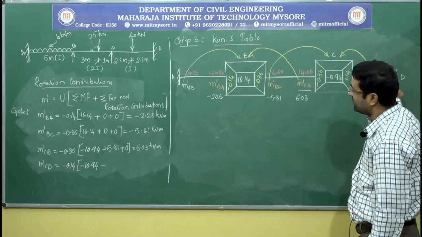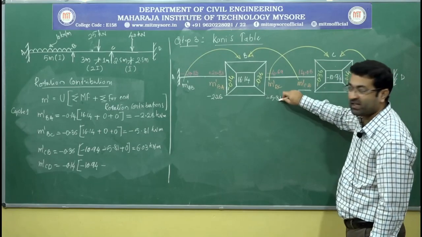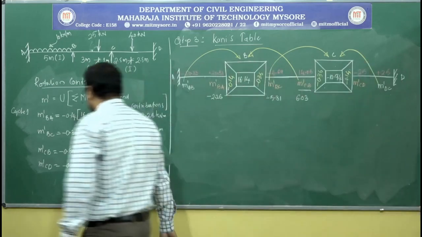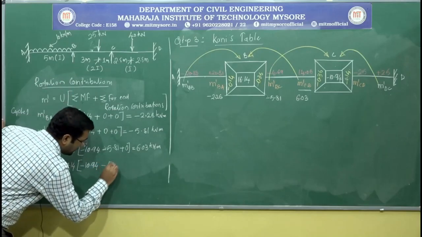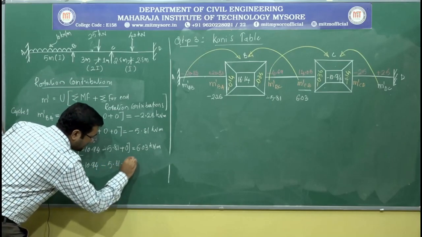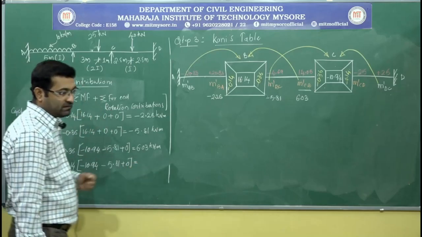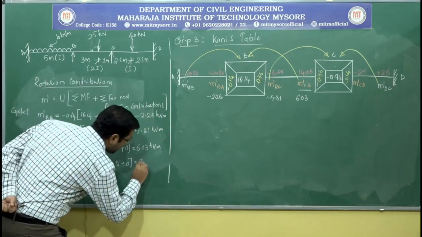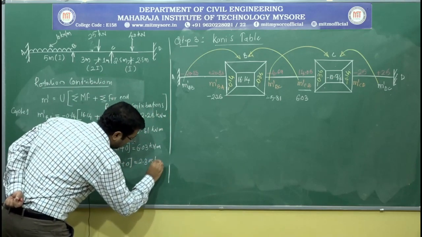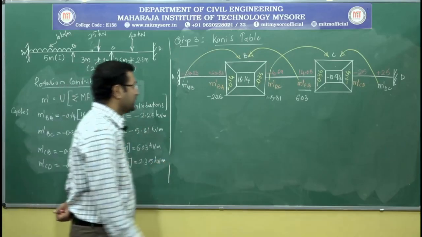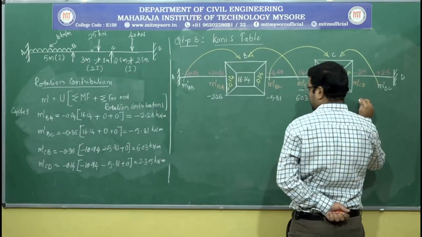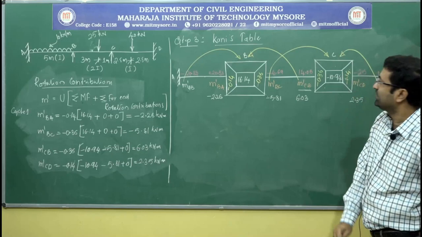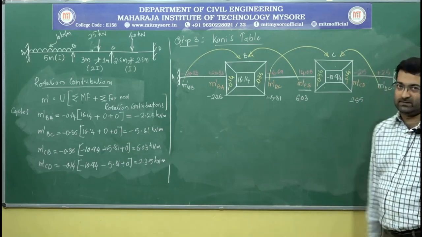M dash BC is minus 5.81, M dash DC is 0, that I will use here. It is minus 5.81 plus 0, that gives me a value of plus 2.35 kilonewton meter. So I will write that here, 2.35. Okay.